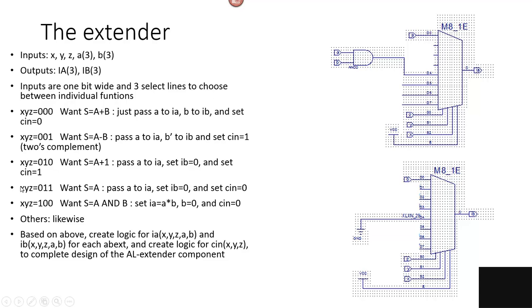What about one of these logical operations? Notice here we have X, Y, and Z are 0, 1, 1, which is I3. We want to do 1, 0, 0, which is I4. We want to do A ANDed with B. So the way we're going to do that is we're going to let IA be A ANDed with B, and we're just going to have this B mux be ground.